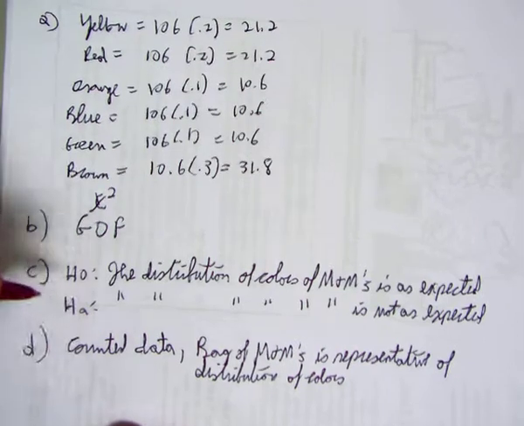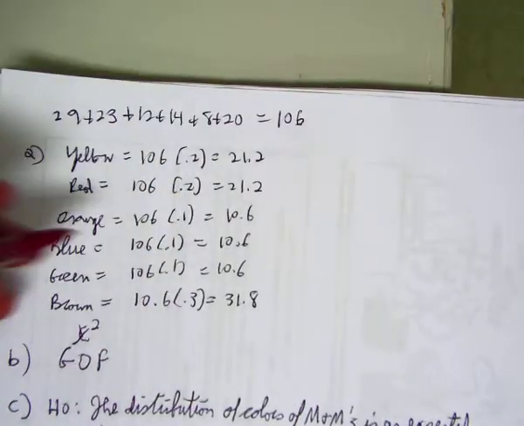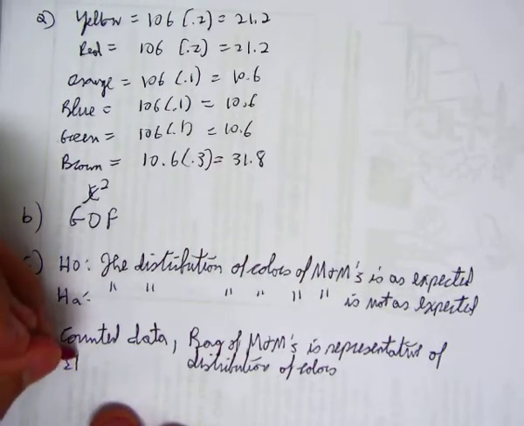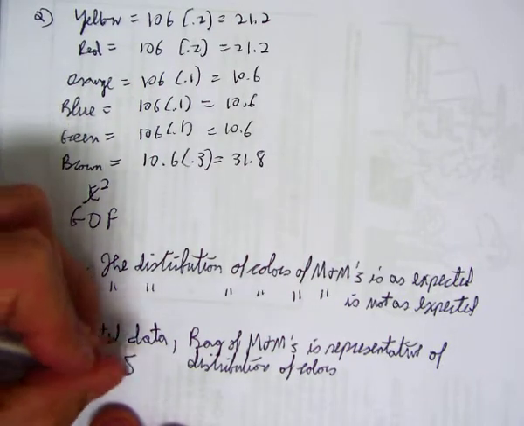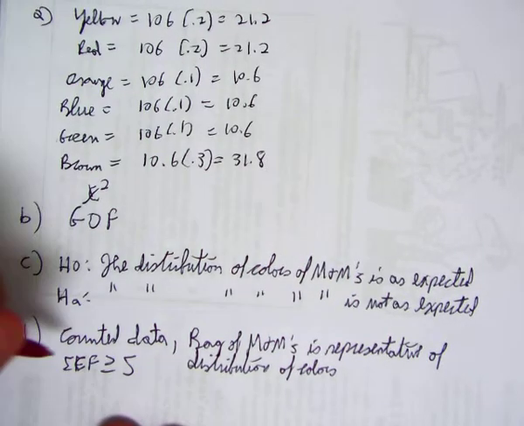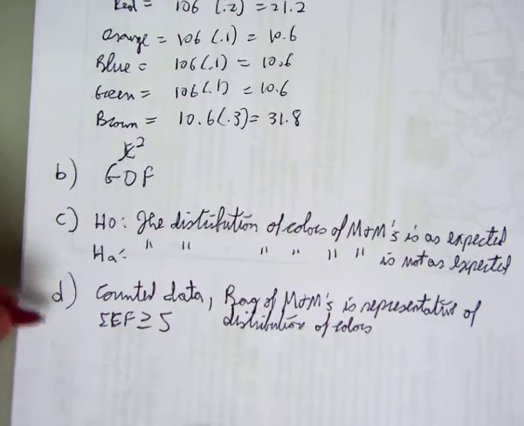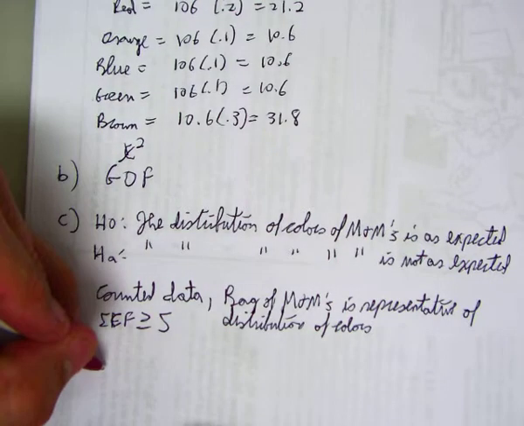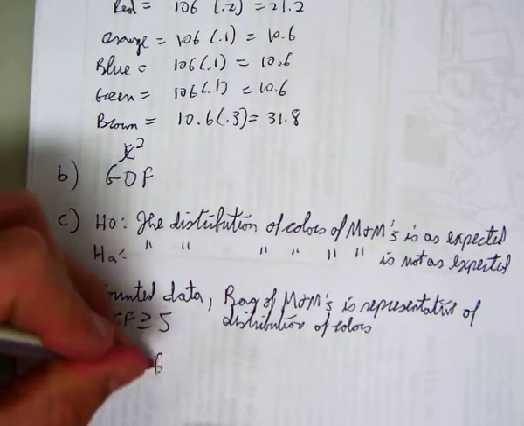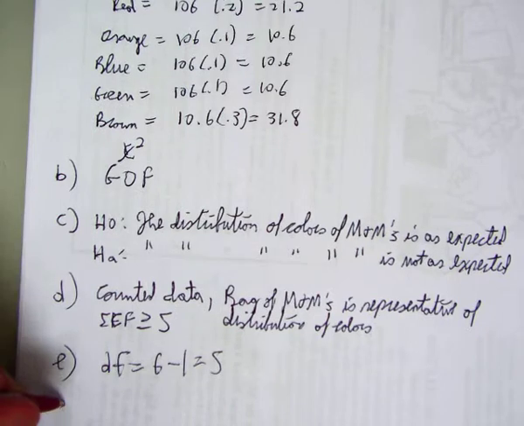And then all of our ECFs are right here. So all of our ECFs are at least 5. So we got all 3 of them. All right. And then E, how many degrees of freedom? Well, we have 6 colors, so degrees of freedom equals 6 minus 1, which is 5.